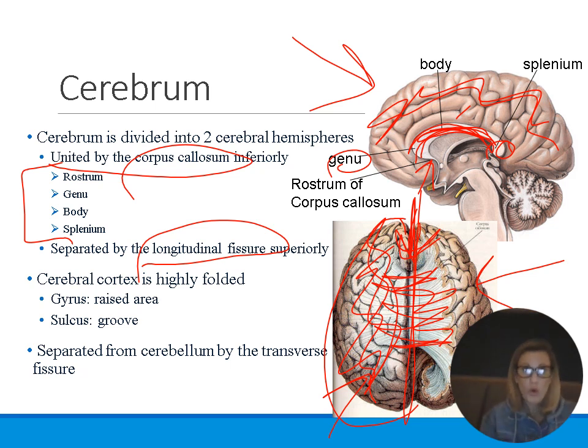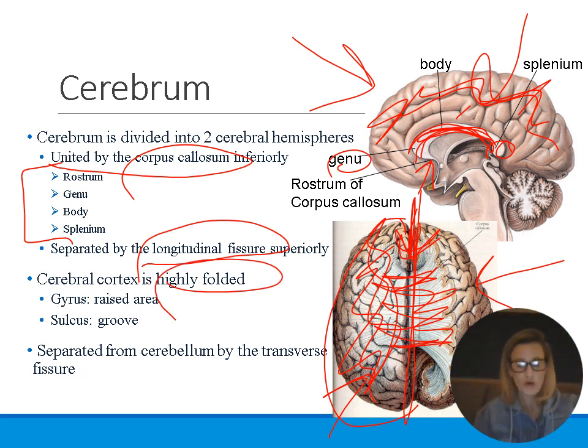The cerebral cortex itself is a highly folded structure. The reason that it's so highly folded is to increase surface area. Because it's folded like this, there's more surface area crammed into a small space. More area means more gray matter, which means we have more neurons present.